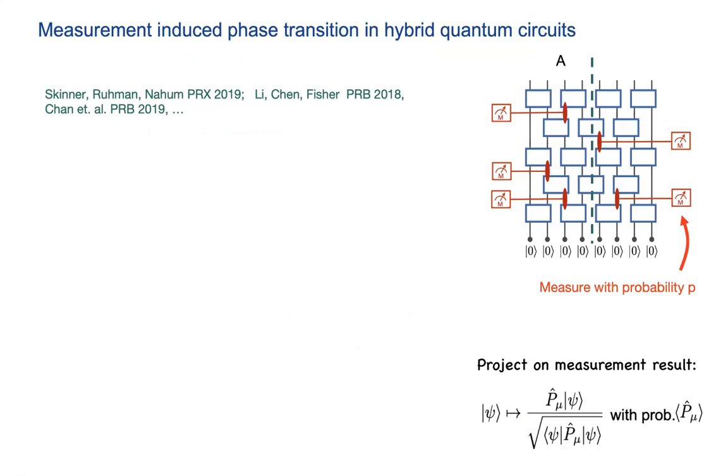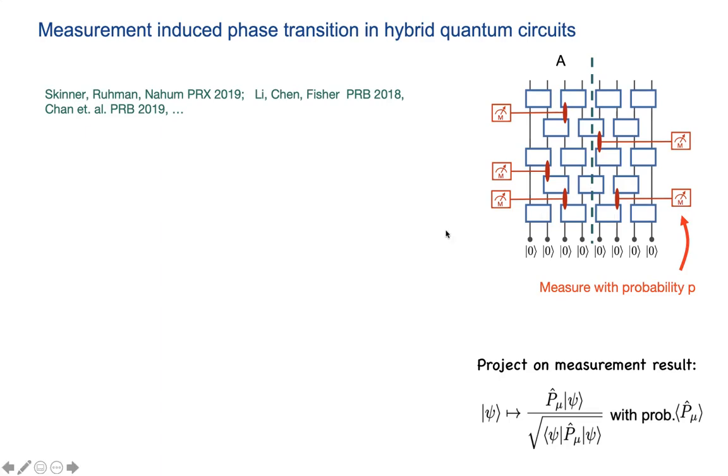It's a circuit that includes the two fundamental time evolutions we know in quantum mechanics from undergrad, which are the unitary evolution implemented by quantum gates, the blue squares here, and quantum measurements that can be done along the way. In the simplest case, these are projective measurements.